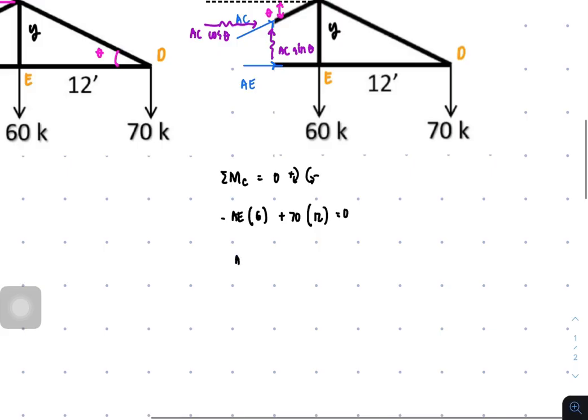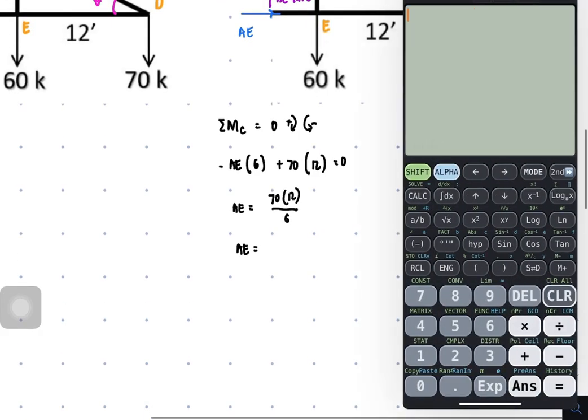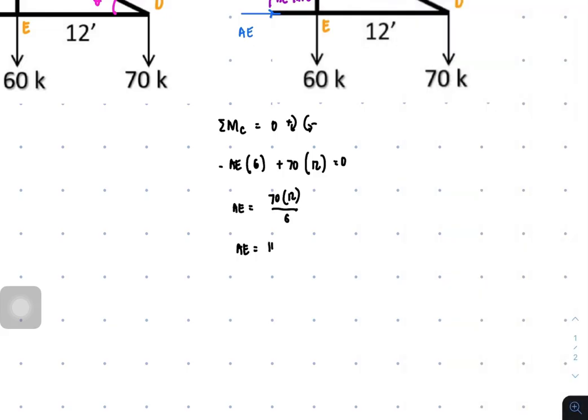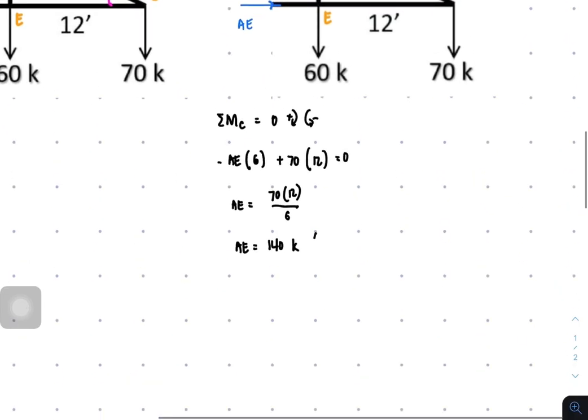So therefore AE, transposing it to the other side, it will become 70 times 12 over 6. That's 140 kips, and the assumption is correct that it is compression.